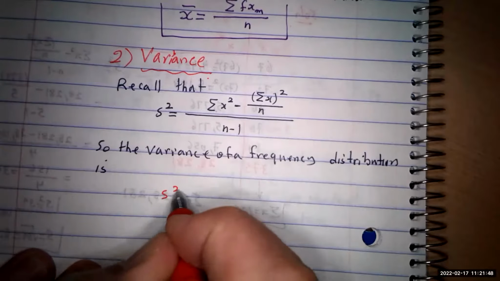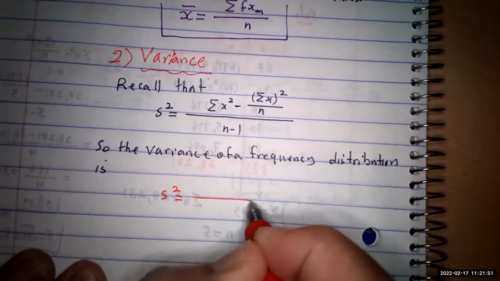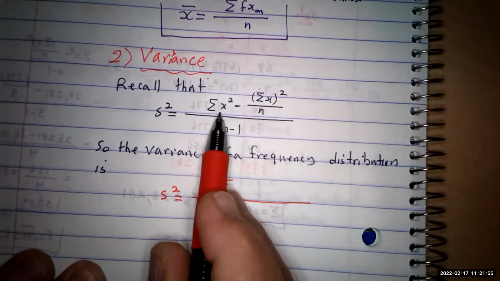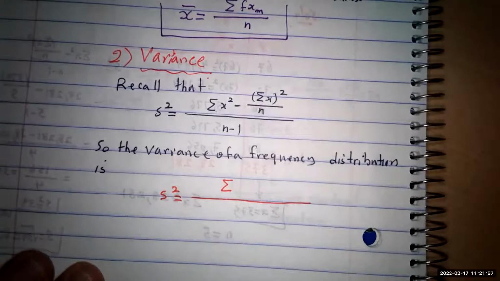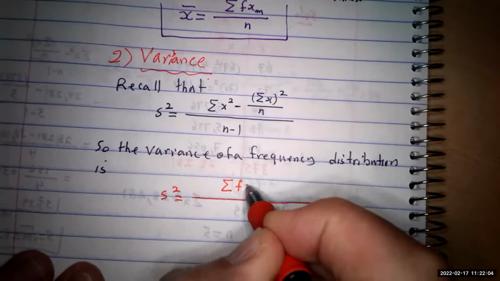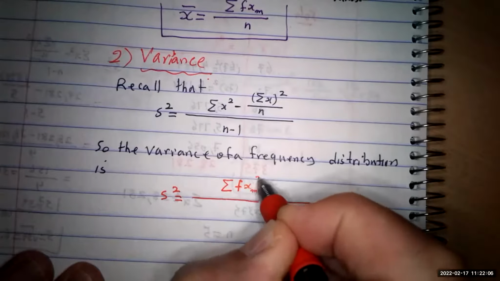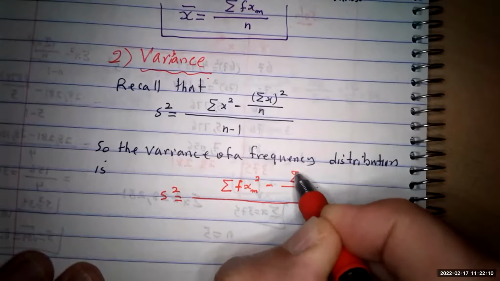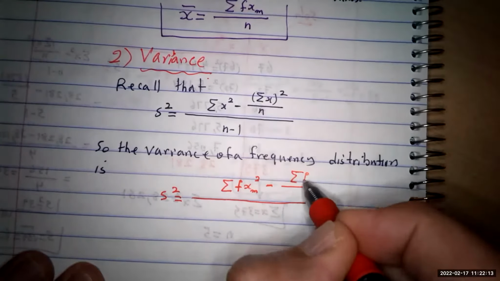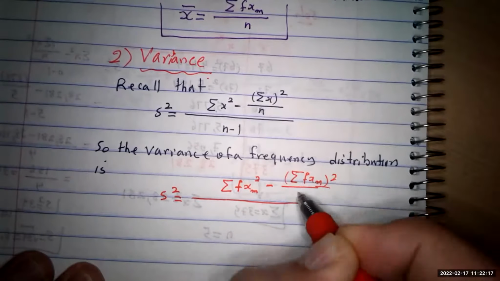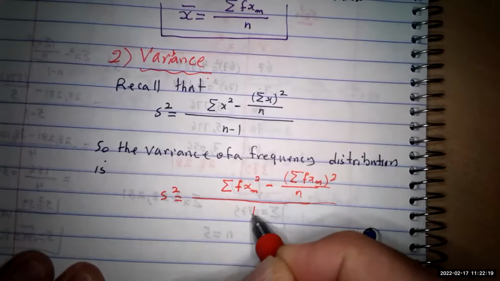S squared equal to sigma of, you change the X into the XM, so all of them are going to be the same, XM, XM, XM. How many? F times XM squared, minus sigma of F times XM all squared divided by N, and divided by N minus 1.